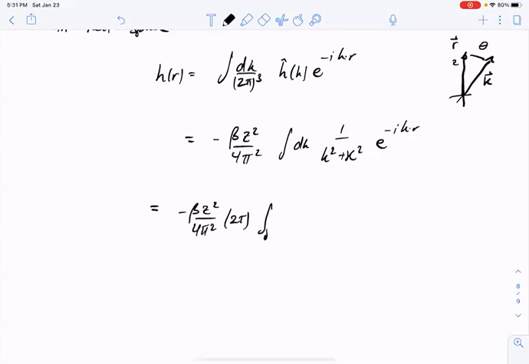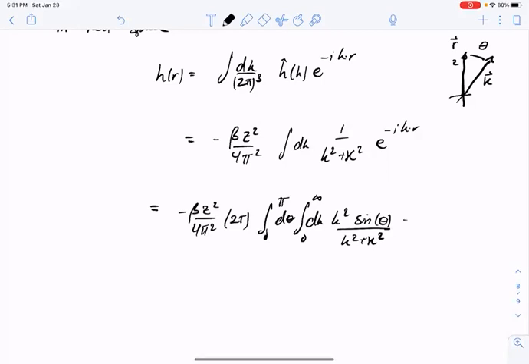There is an integral over theta, an integral over the magnitude of k. In spherical coordinates, I'll get a Jacobian k squared. I'll get a Jacobian sine theta. That is over k squared plus kappa squared.